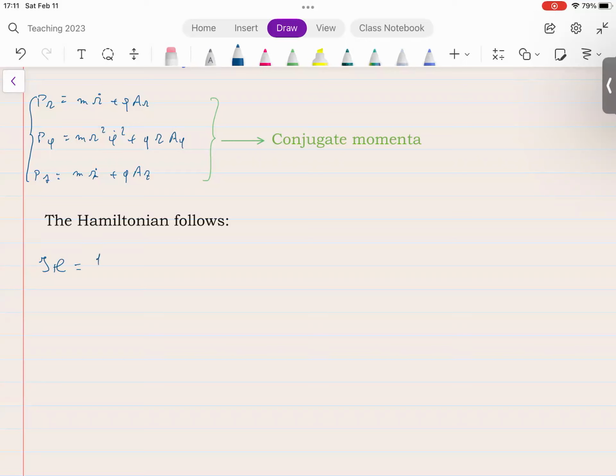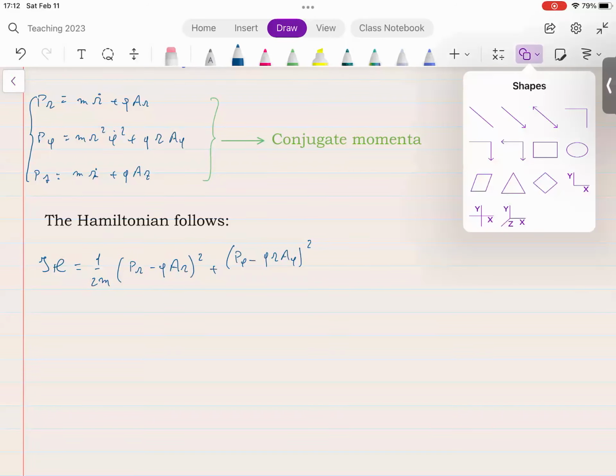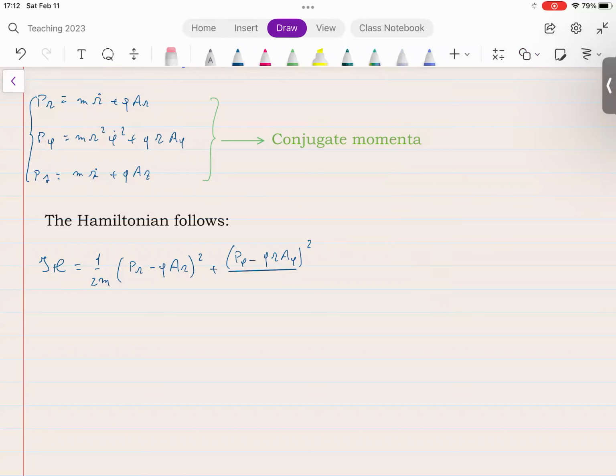All right, the Hamiltonian: 1/2m (p sub r minus q a sub r) squared plus (p sub phi minus q r a phi) squared divided by 2m r squared, plus 1/2m.